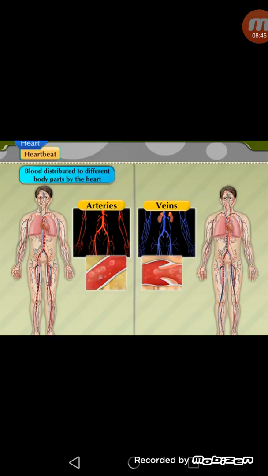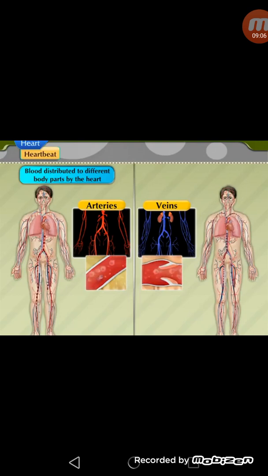Now the next topic is heartbeat. Heartbeat is also related to the function of the heart. The walls of the heart chambers are made up of involuntary muscles. Involuntary muscles means the muscles which do not work according to our will. If the heart is beating, that is not according to our will.